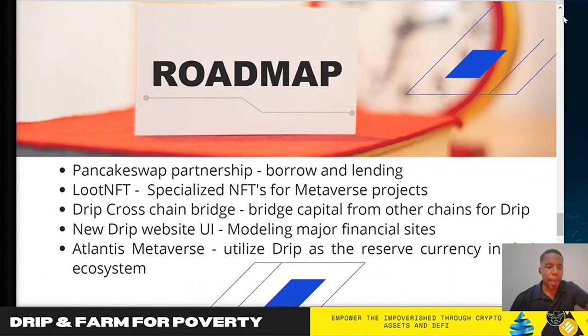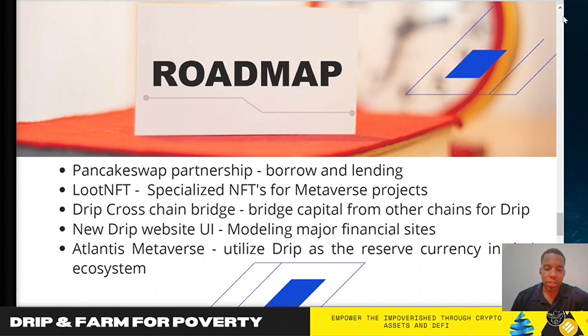The upcoming roadmap. Forex has mentioned on multiple AMAs the partnership with PancakeSwap coming very shortly, where there will be a borrow and lending protocol available for you to borrow against your Drip. Loot NFT has been announced as a partner where specialized NFTs for the metaverse projects will be utilized.